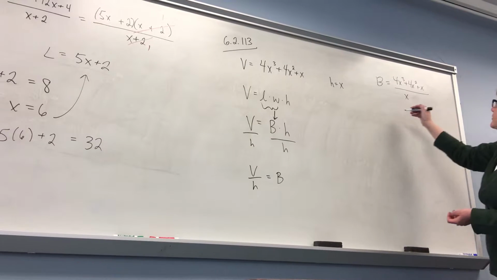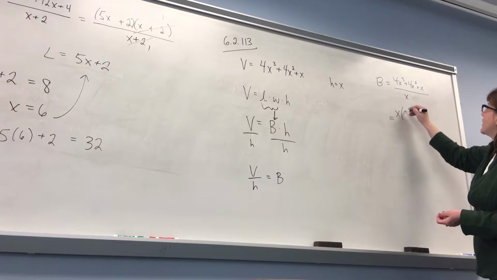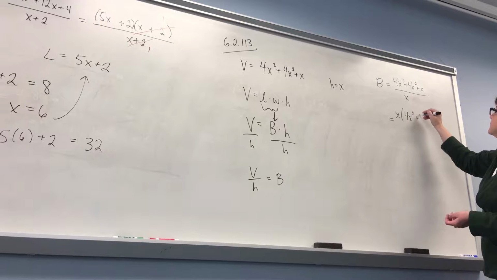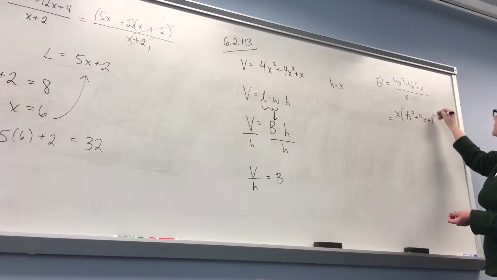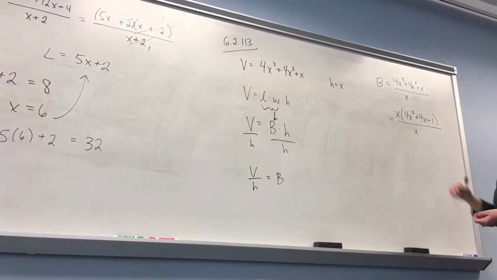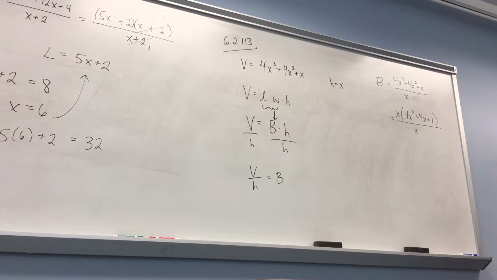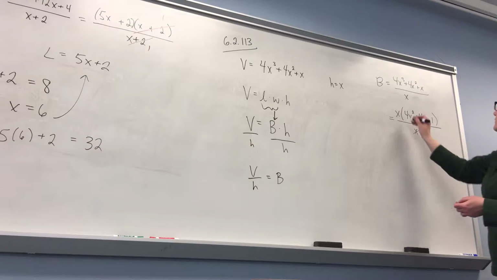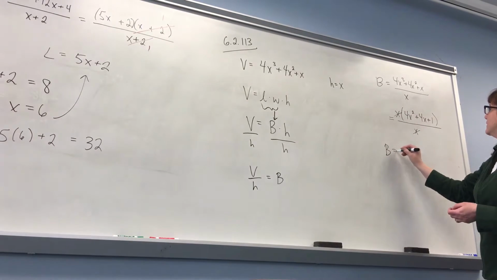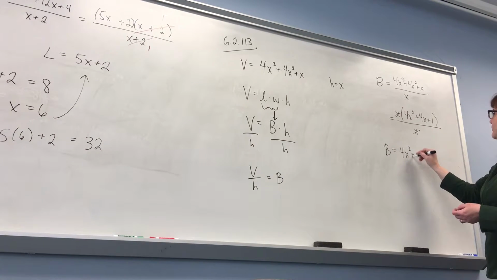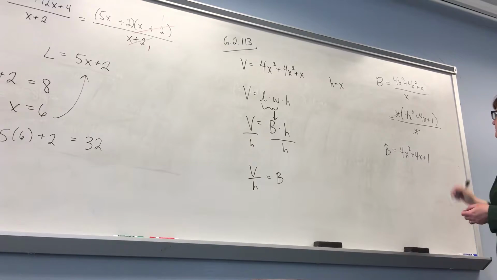So see that x goes into everything on the top, so I'm going to factor out that greatest common factor. And then I can cancel the x's. So the area of the base is 4x squared plus 4x plus 1.